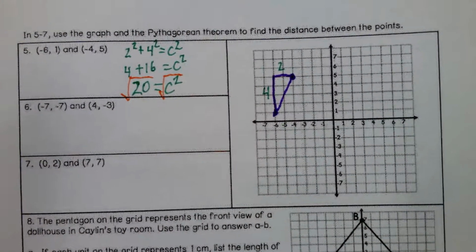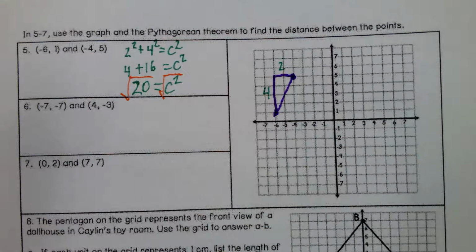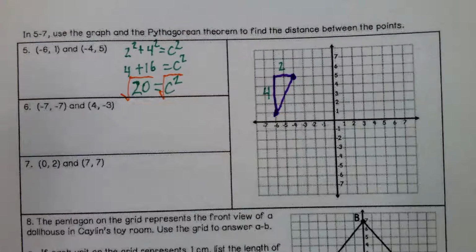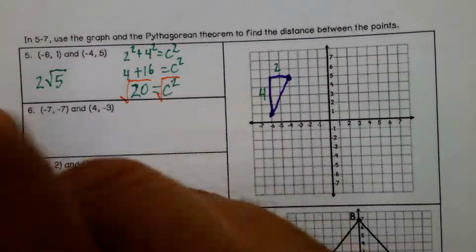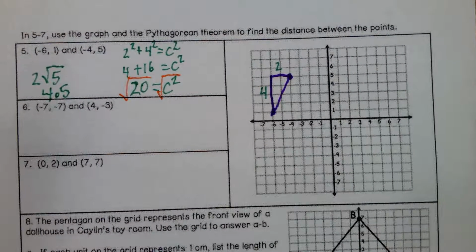Ooh, we can simplify 20, by the way. What two numbers multiply to give you 20 where one of them is a perfect square? 4 and 5. So one answer should be 2 radical 5. And then the other answer is, well, square root of 20 is also 4.5. So it's about 4.5 as well.